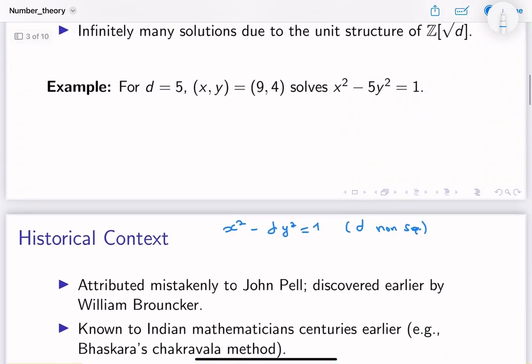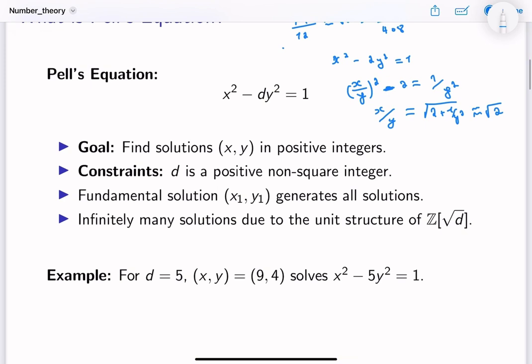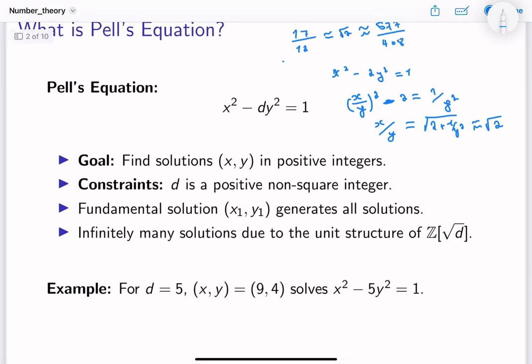Before we talk about the main way of solving Pell's equation, let me go back and define it one more time. Pell's equation is the equation x squared minus dy squared equals 1, and what we're looking for is integer solutions: positive integers x and y for which this equality is satisfied.